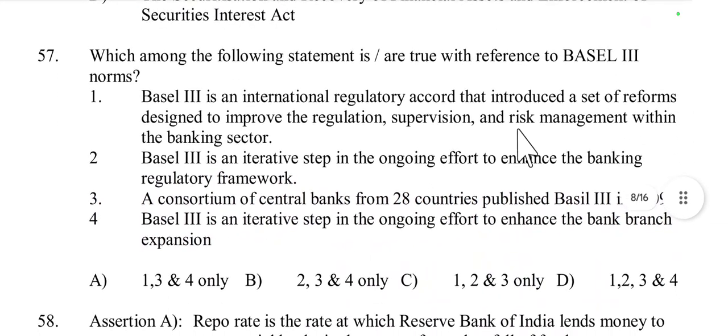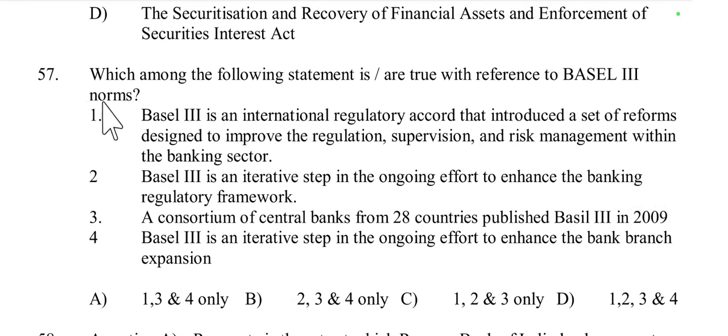Then question number 57, which among the following statements is or are true with reference to Basel III norms? First one is Basel III is an international regulatory accord that introduced a set of reforms designed to improve the regulation, supervision and risk management within the banking sector.